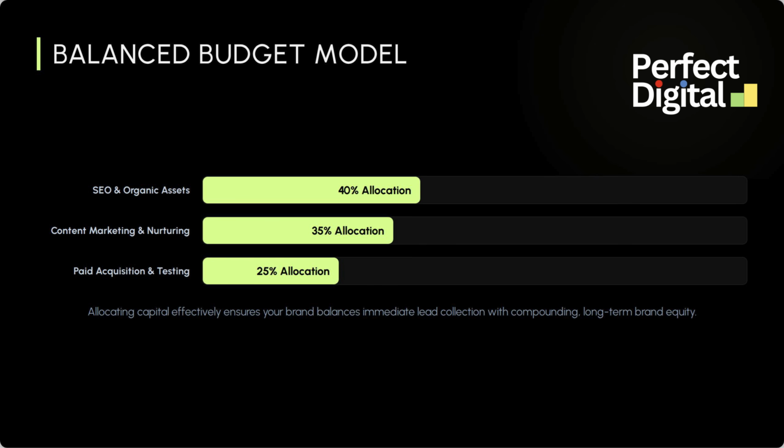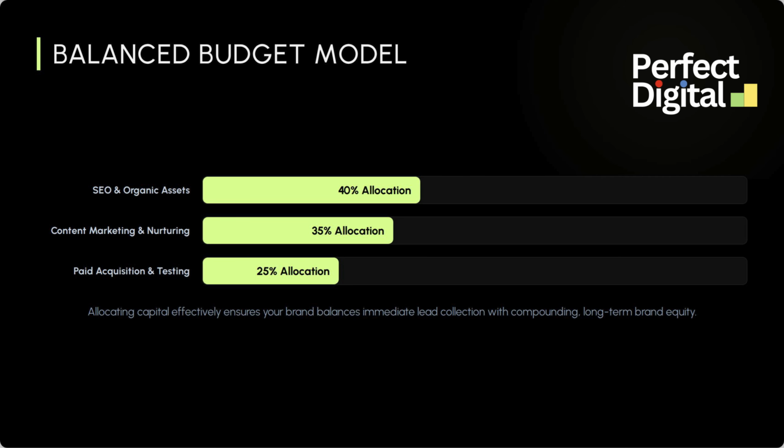We distribute our capital across a highly efficient, balanced budget model. Allocating capital effectively ensures your brand perfectly balances immediate lead collection with compounding long-term brand equity, and we achieve this by splitting the budget into three strategic areas.